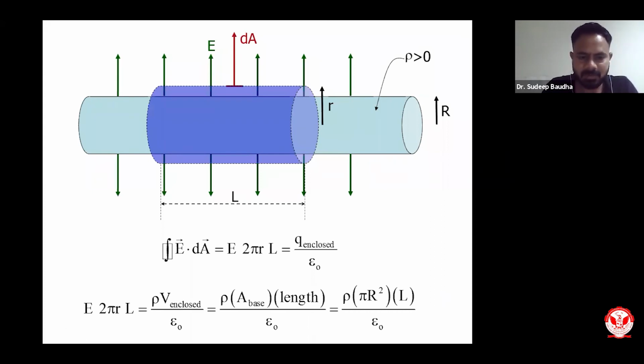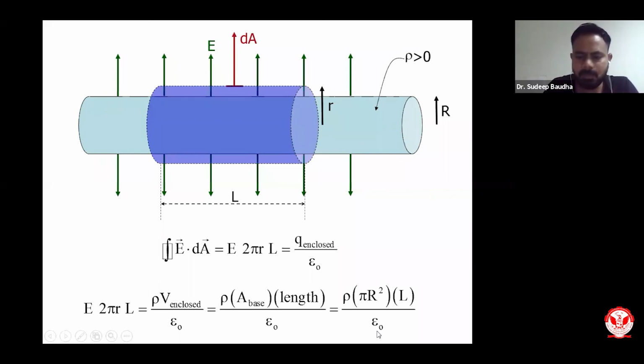So charge enclosed will be rho into volume enclosed. And what is the volume? Volume is area of base into length. So what is the area of base? It is pi r square, as you can see, into L. L is the length of the Gaussian cylinder, and you can write it over epsilon naught, as you know.